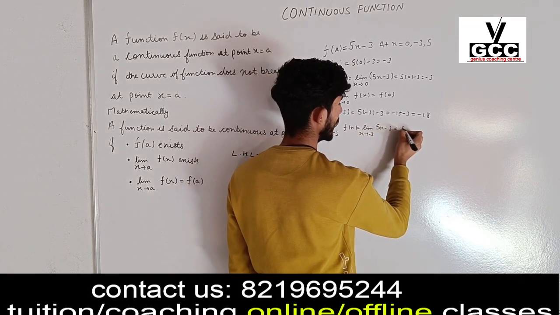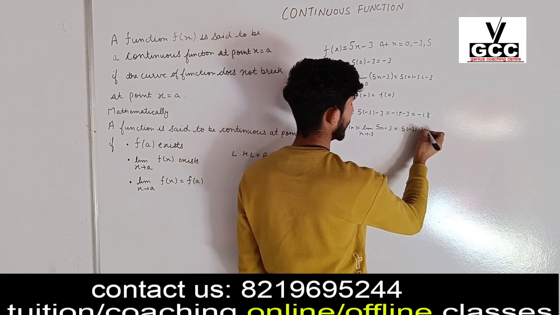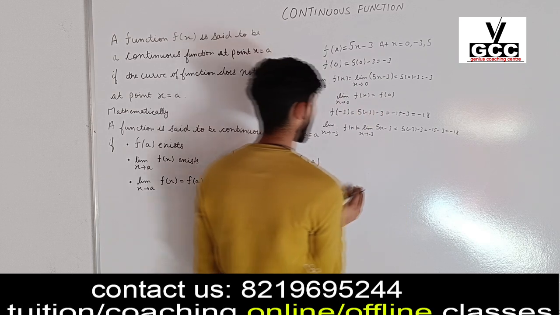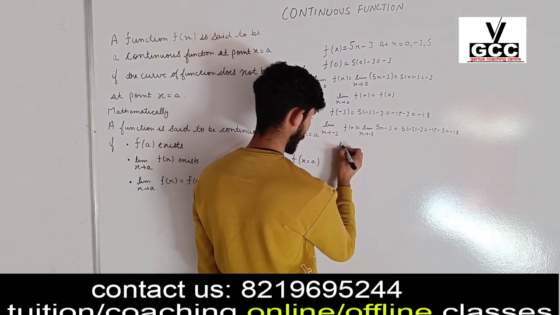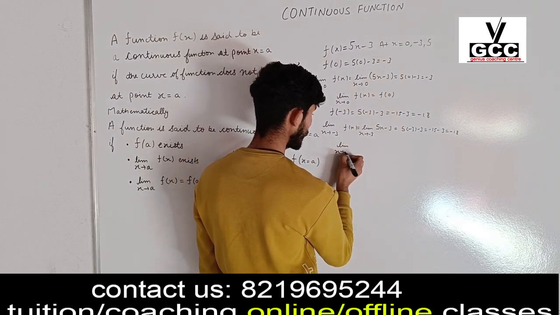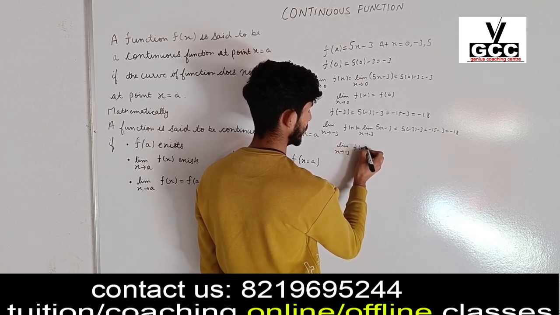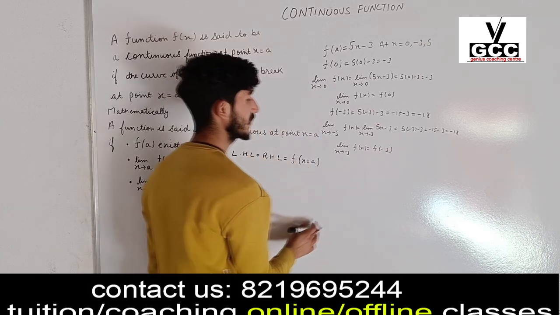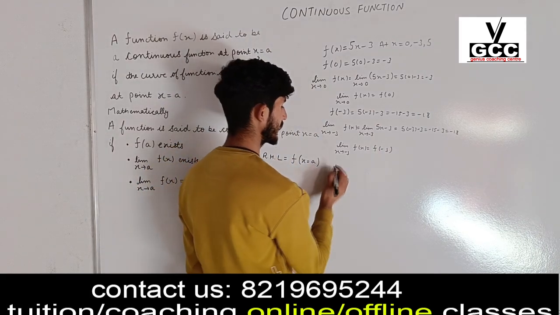Now substitute the value: 5 into minus 3, that is equal to minus 15 minus 3, that is equal to minus 18. From the definition of the limit of a function, that is equal to f of minus 3, the given function is continuous at x equal to minus 3.